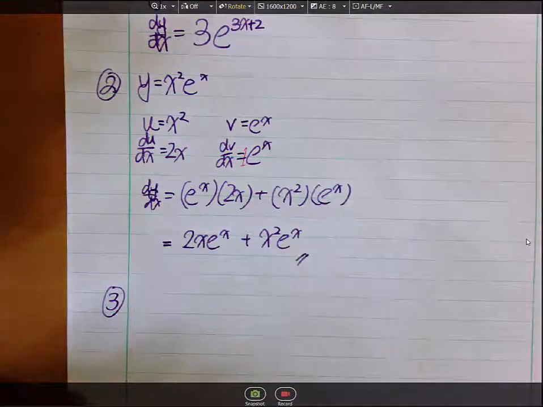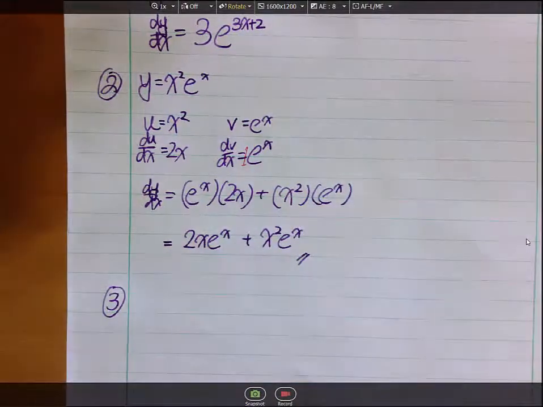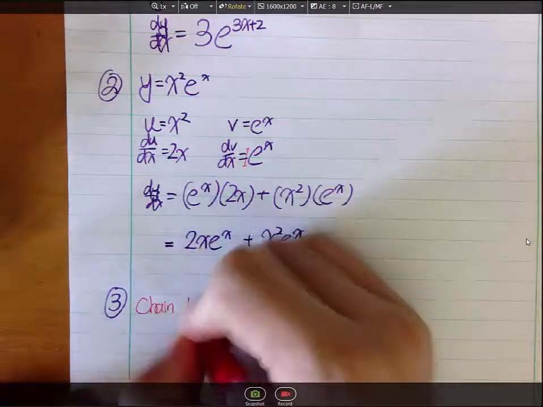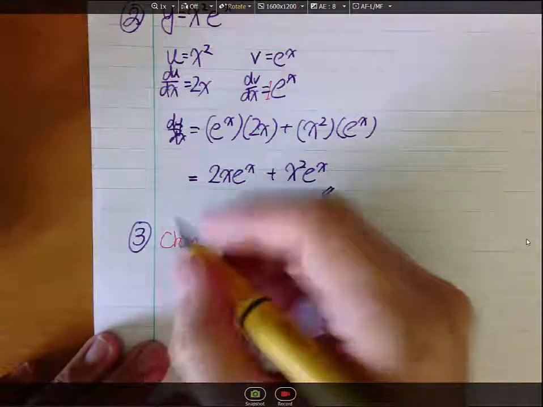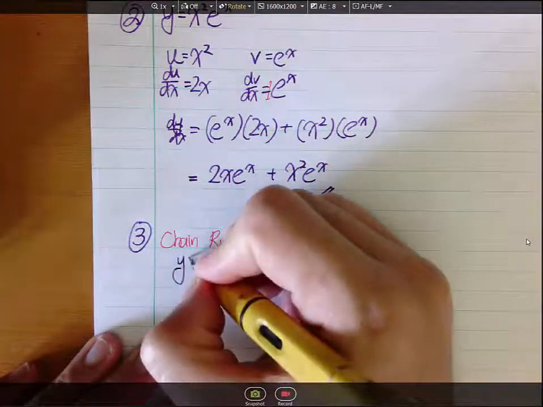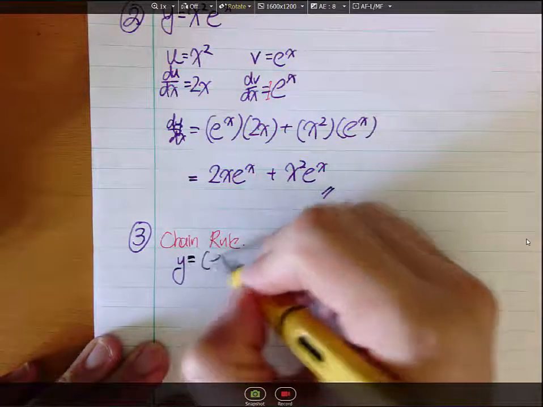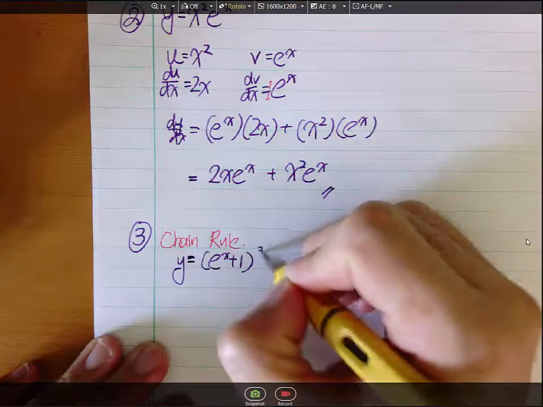Example 3 will involve using the chain rule. Take note, I'll be using the chain rule here. First I have y is equal to (e to the power of x plus 1) cubed.